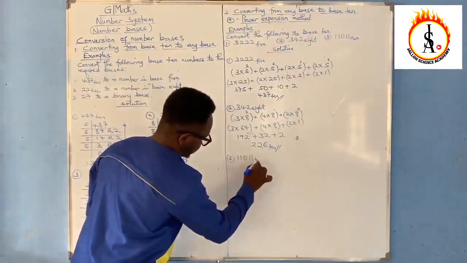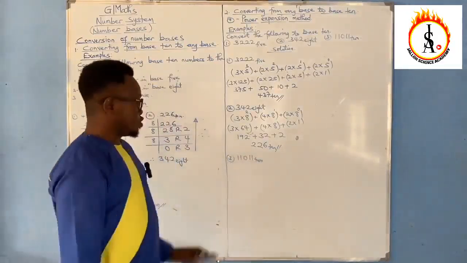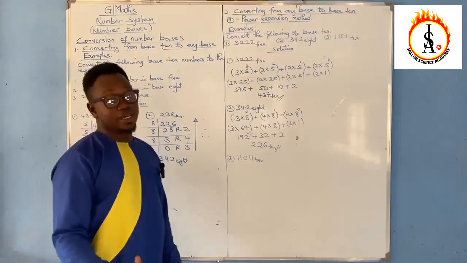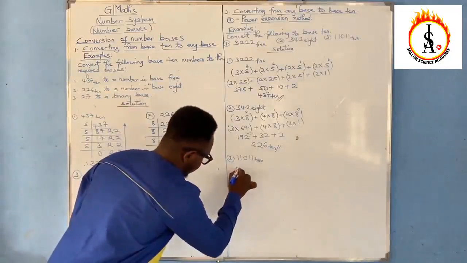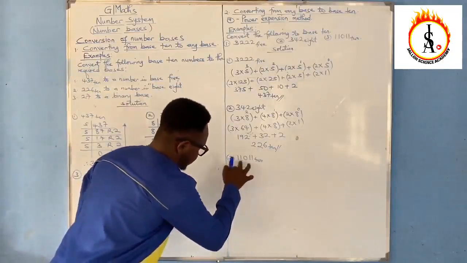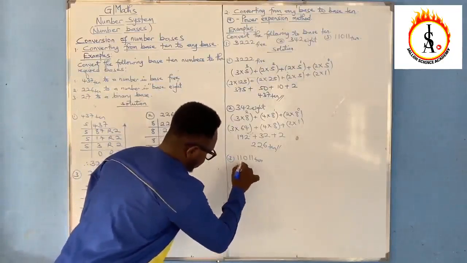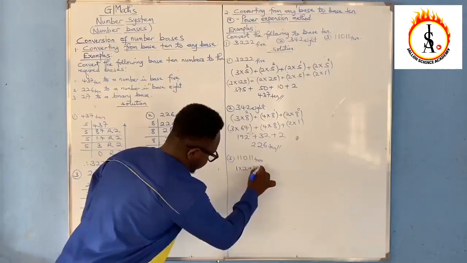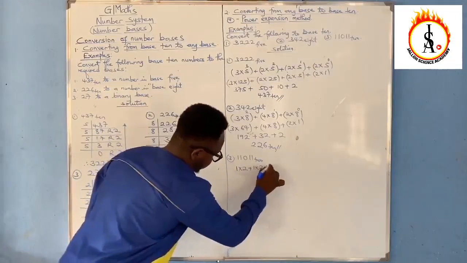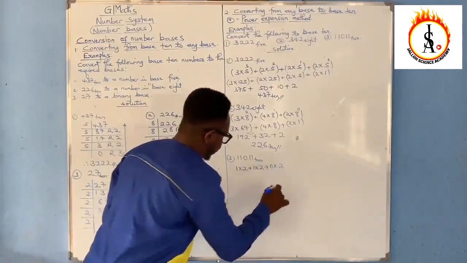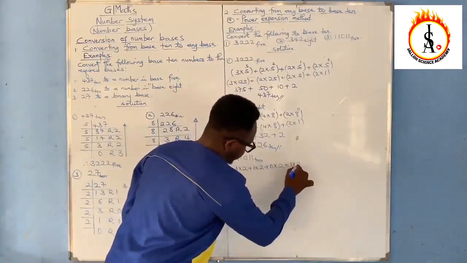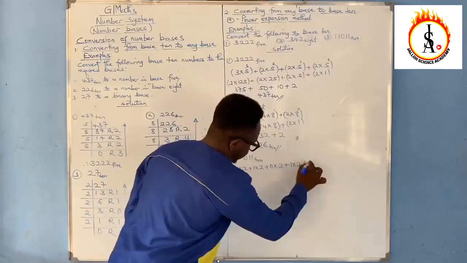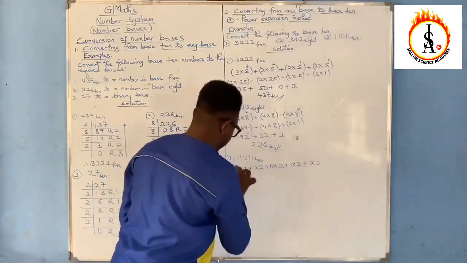11011 in base 2. It is 1 multiplied by the base, plus 1 here multiplied by the base, plus 0 multiplied by the base, plus this 1 again multiplied by the base, plus the other one multiplied by the base.